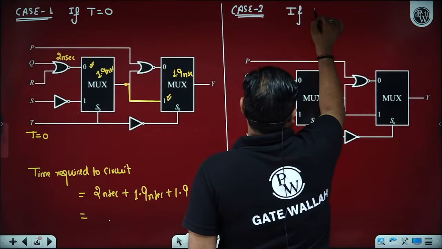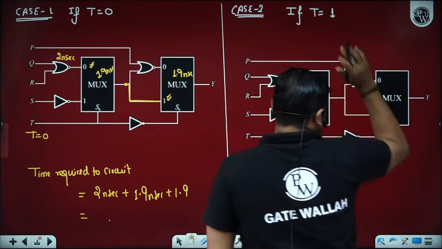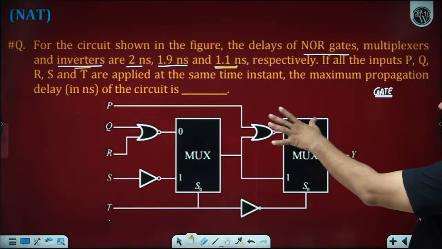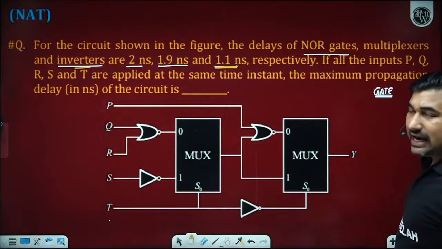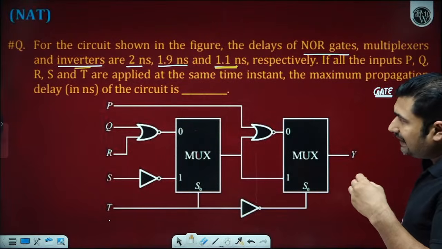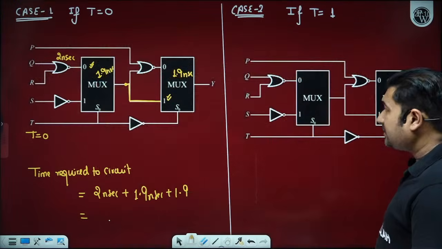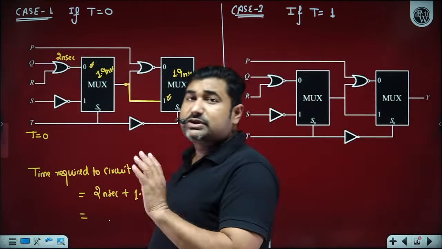If T is equal to 1, they haven't given any information about PQRST, just saying that all the inputs are applied at the same time.